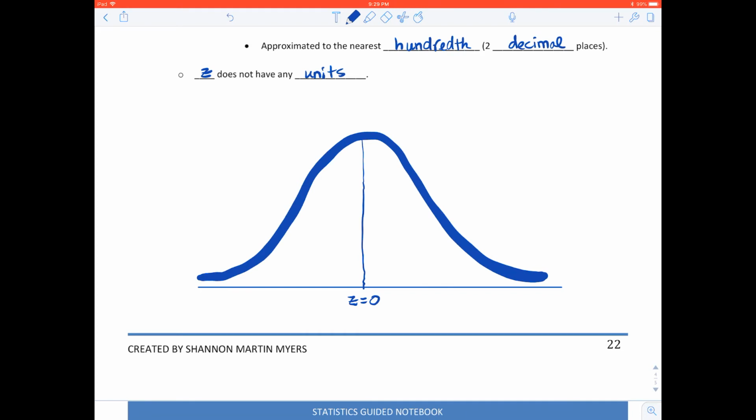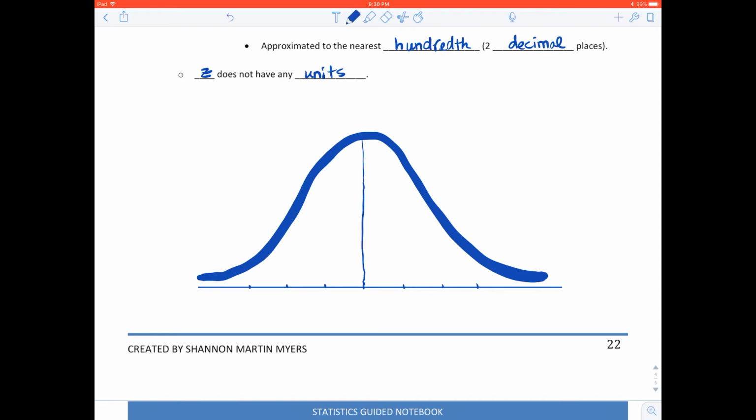Because that's the case where x would equal the mean. And if we go 1, 2, 3 to the left, actually, let's just do this for our scale.